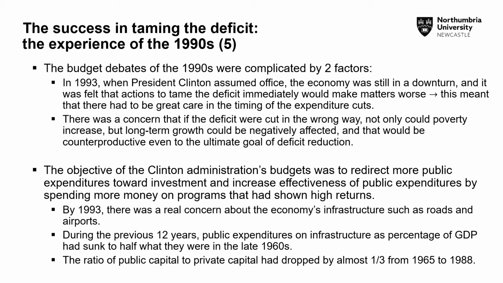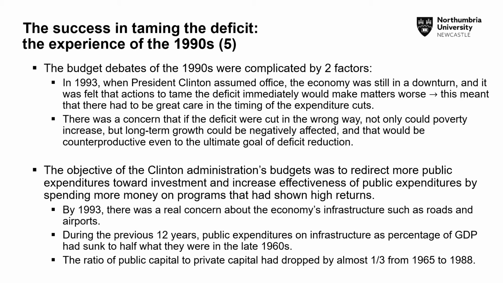So by 1993, there was a real concern about the economy's infrastructure, such as roads and airports. During the previous 12 years, public expenditures on infrastructure as percentage of GDP had sunk to half of what they were in the late 1960s. So as you can see, there was a drop in the expenditure on infrastructure. Now, infrastructure matters for growth.